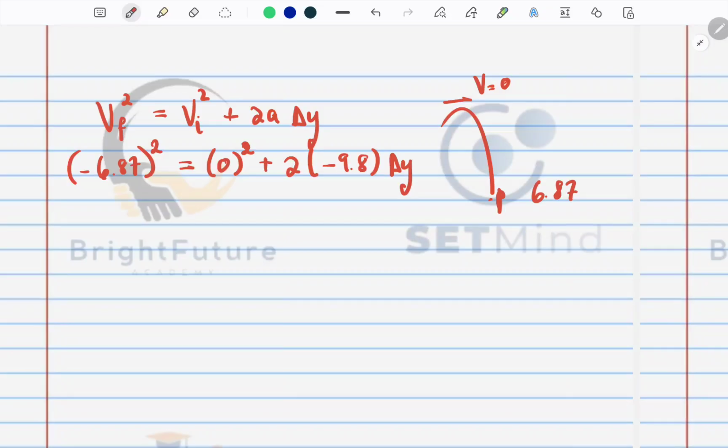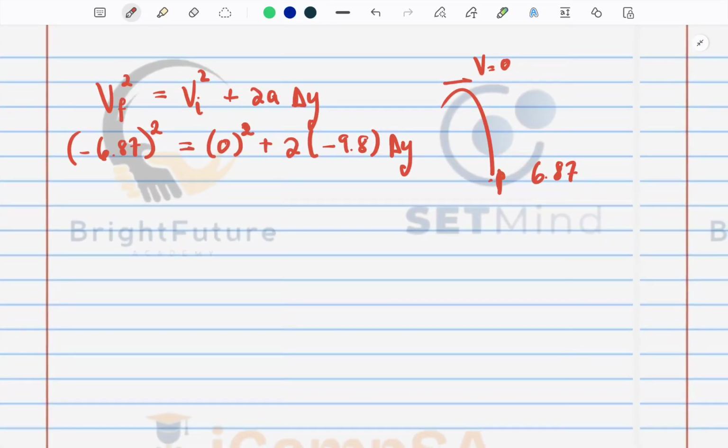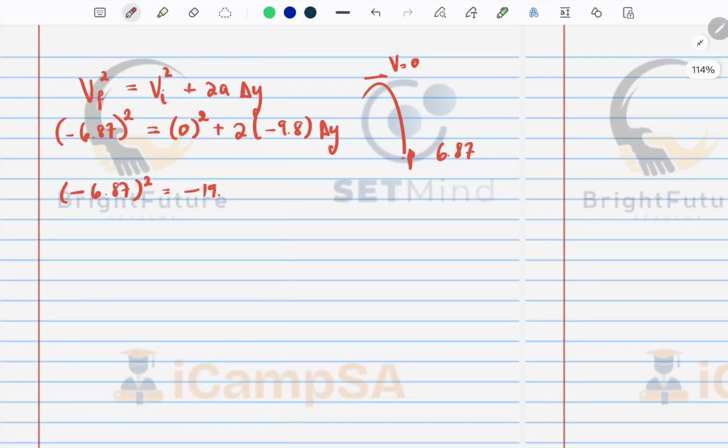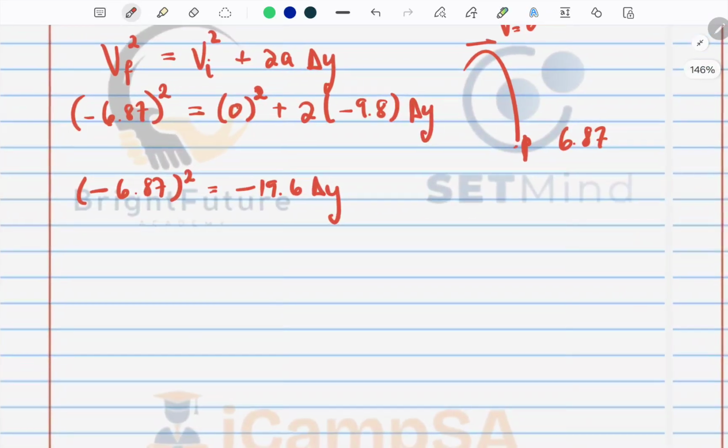Okay, and then you punch your calculator. Let me see, what do I get? So here it's going to be 6.87 squared equals 2 times minus 19.6 delta Y. And then divide both sides by 19.6.